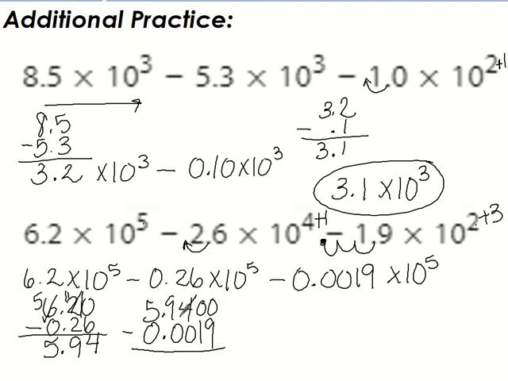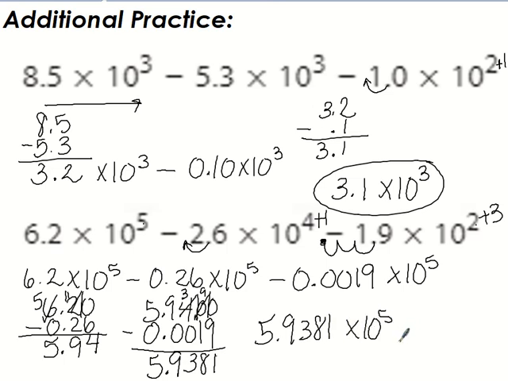We have to borrow from all the way over here. It's called a double borrow, so that we can actually subtract. We can't take away 9 from 0, so we have to double borrow. So this becomes 1. Now we have enough here too. We're going to get 8. Then we get 3. Then we get 9. Then we get 5. So we get 5 and 9,381 10,000ths times 10 to the 5th. The trickiest thing is this double borrowing. When we subtract, that's the mistake most people make, is they don't borrow. We are subtracting.